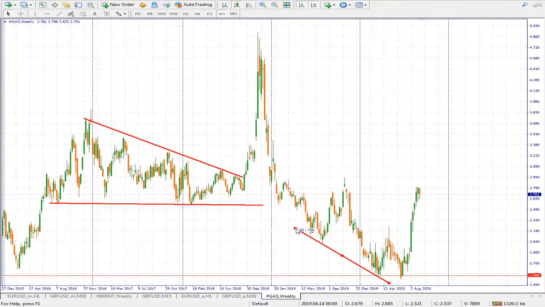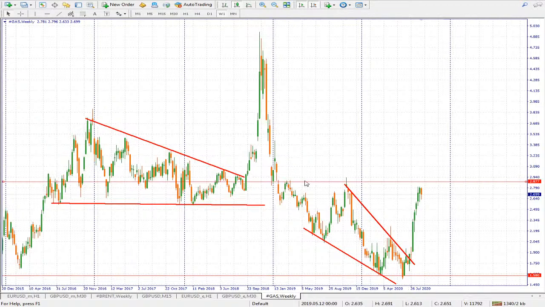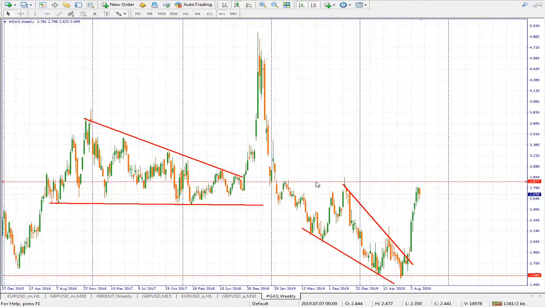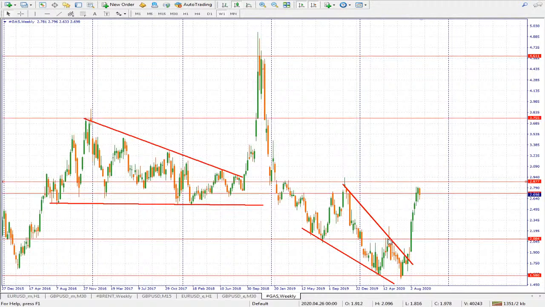It doesn't look very good, but this is also another shape here, and then you also have another line from the top. Then we have a resistance here at 2.877. We also have a resistance here, and then we have another resistance here. Then we have another resistance at this point.